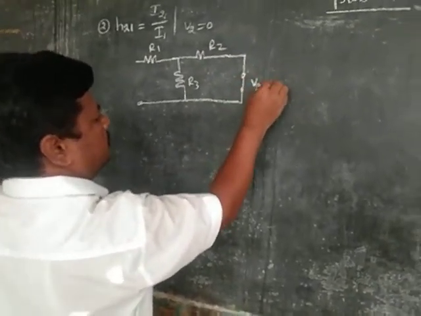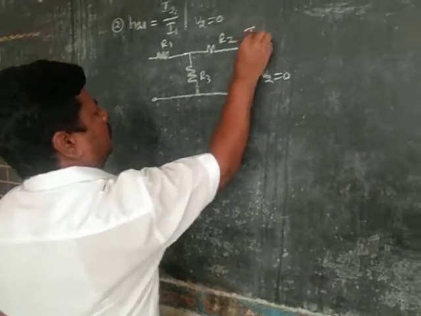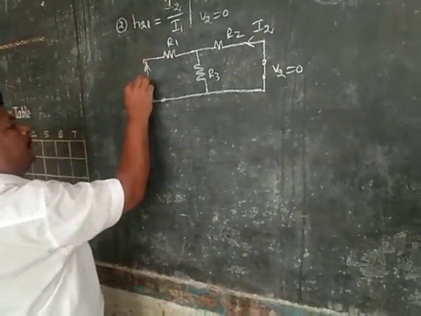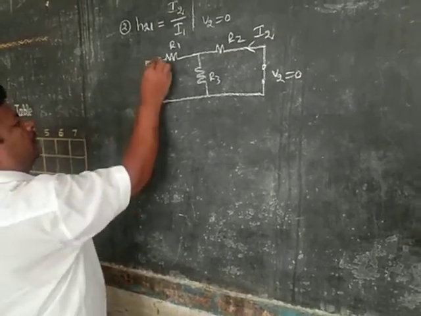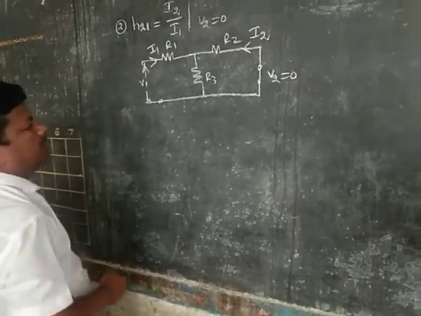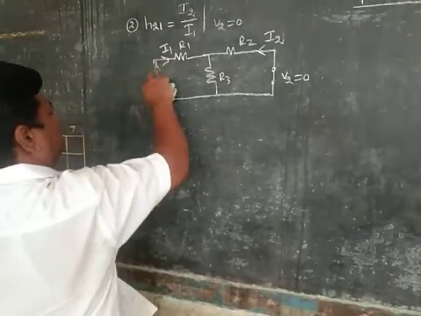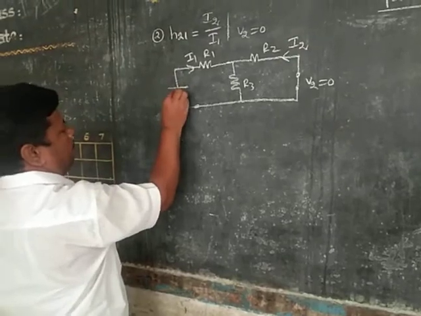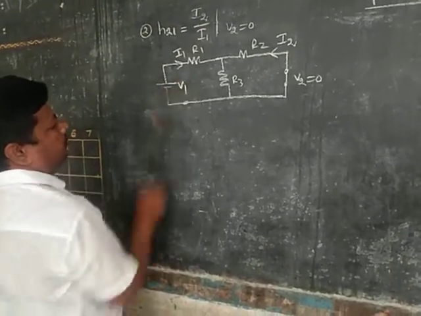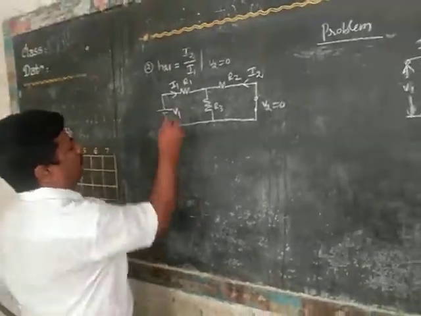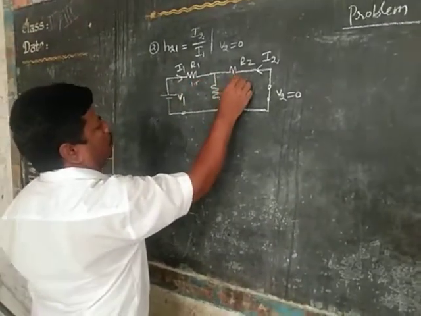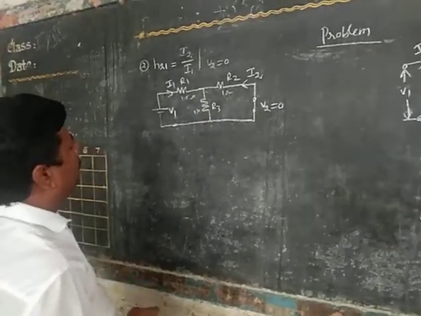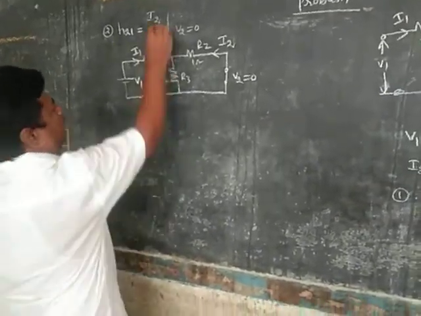Here V2 is equal to 0. This is I2 current. Here it is V1. Here it is I1. Here it is V1. Here value 1.5, 1 ohm, here also 1. Now you have to find I2 by I1.